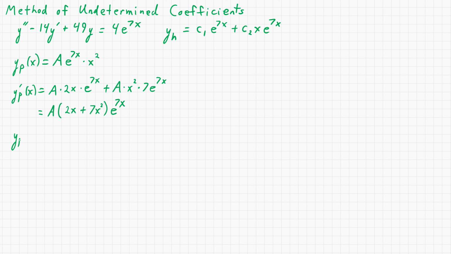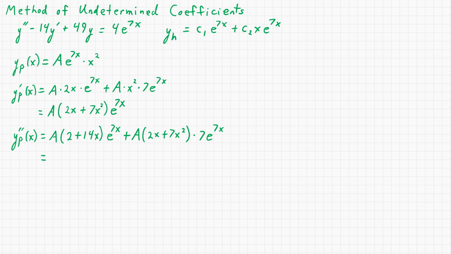Then y particular double prime of x. This is going to be taking the derivative of the first bit for the first half of the product rule. We've got a times 2 plus 14x times e to the 7x, plus a, and let's leave that one alone for this half, so 2x plus 7x squared, multiplying 7 e to the 7x.